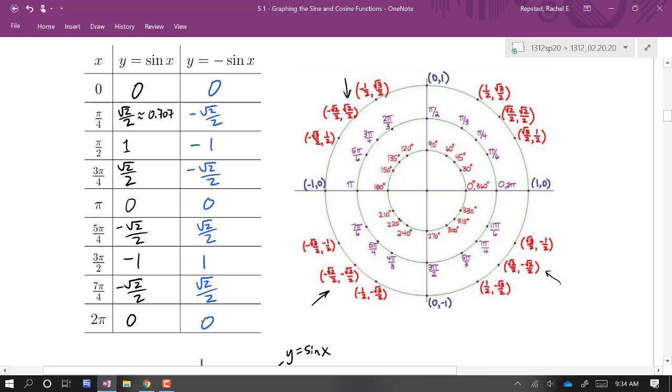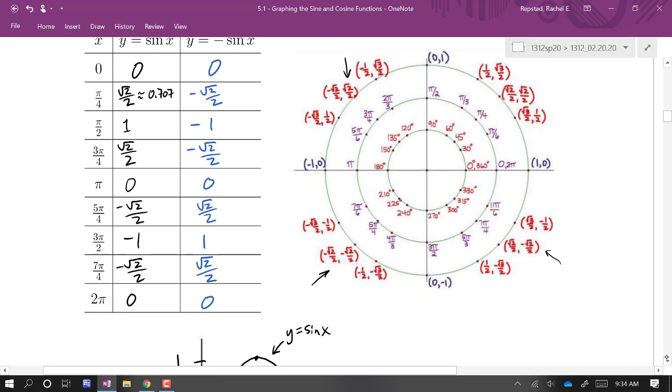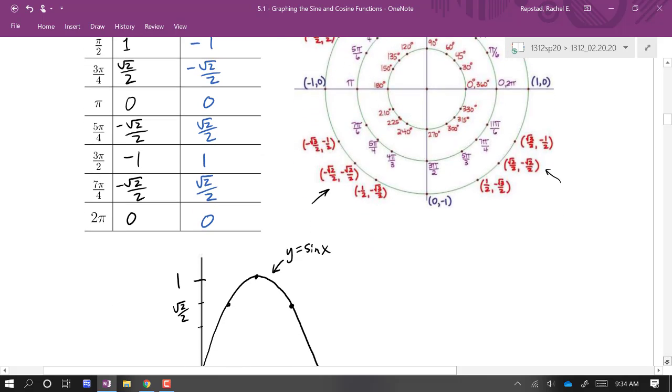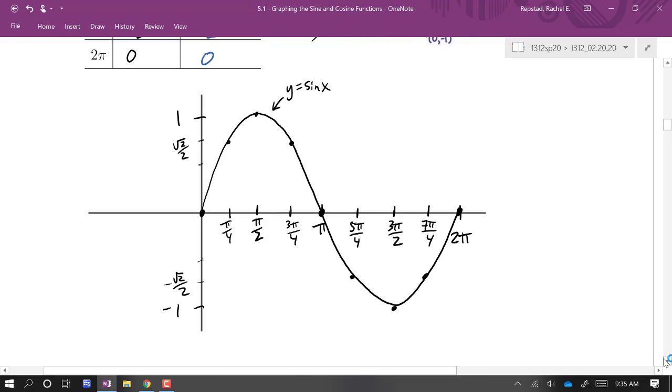Just flipping the signs, and now we're going to plot these points.